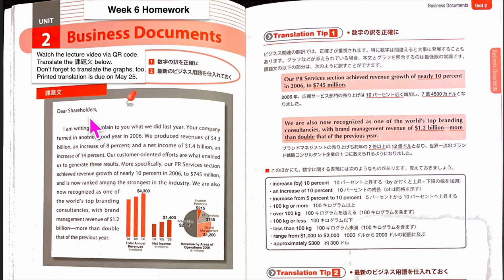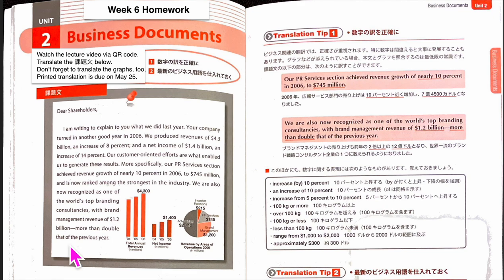Remember, we talked about different text types and target audiences, target readers. The target reader is going to be Japanese adult shareholders, right? So we want the language to be respectful to the shareholders. So the person or the people writing this text is the company, right, that the shareholders hold stock in.